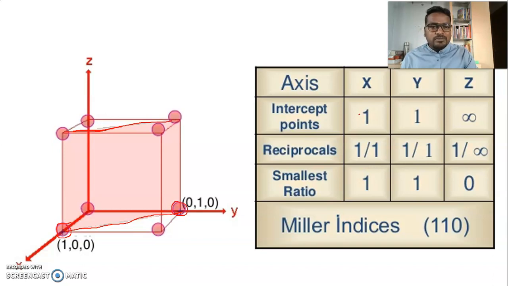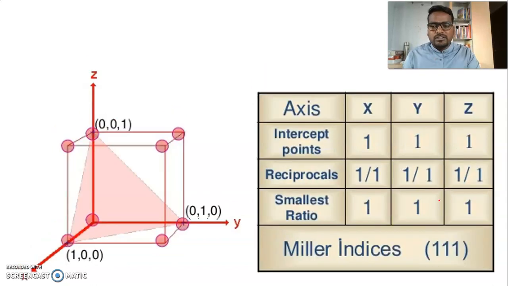So the intercepts along x is 1, y is 1 and z is infinite. If you take the reciprocal and simplify, you get 1 1 0. So 1 1 0 means this is a crystalline plane present in a crystal, and it crosses only along the x and y directions.